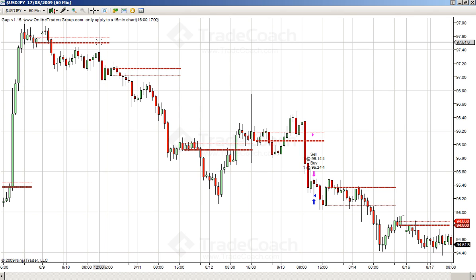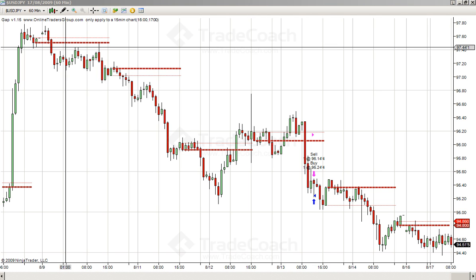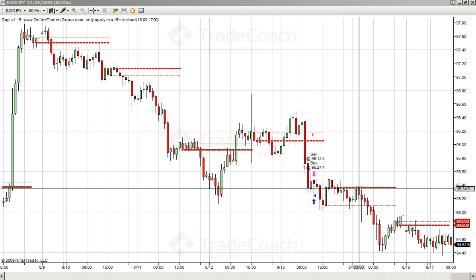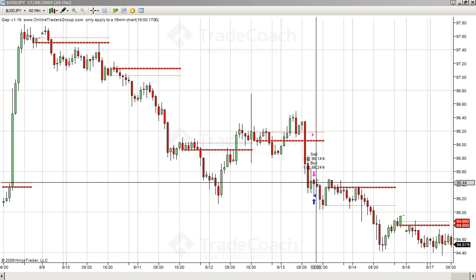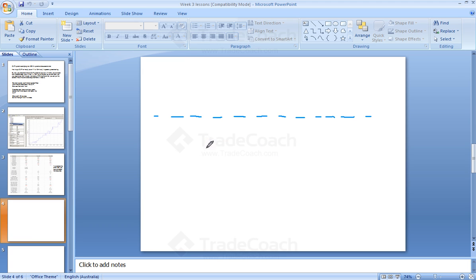I'm spotting a drop right there, and I'm spotting a bounce here. What I'm going to do now is suggest one idea we're going to look at. Let's say we've got a gap, and we've got a green candle that goes above and below the gap. So I'm going to put a big G for a green candle.